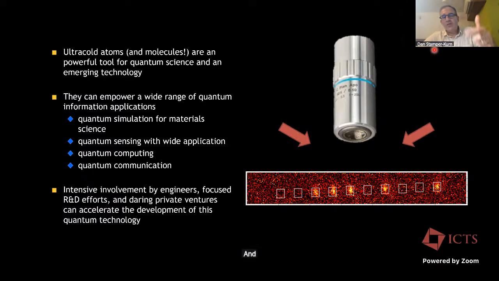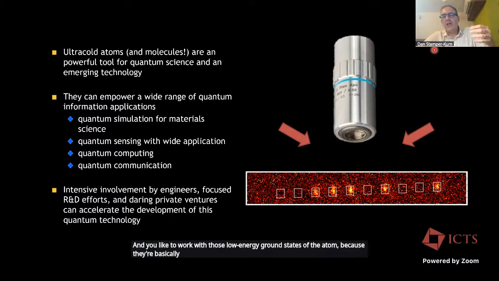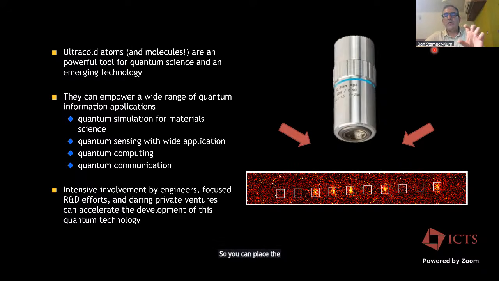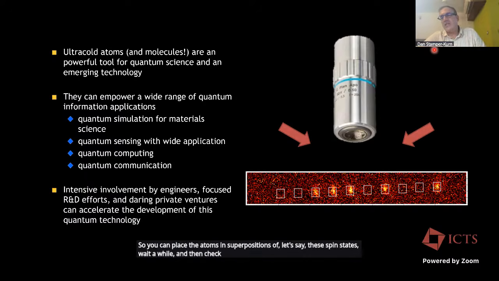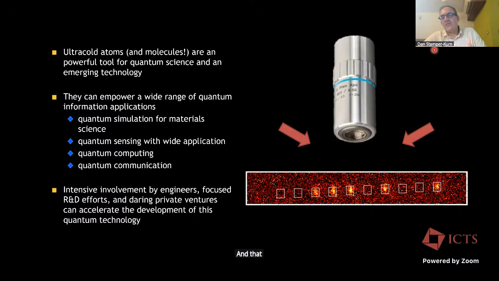And you like to work with those low energy ground states of the atom because they're basically infinitely long lived, so you get very long coherences. So you can place the atoms in superpositions of, let's say, these spin states, wait a while, and then check on that superposition, and that measures the strength of the magnetic field that's been applied.